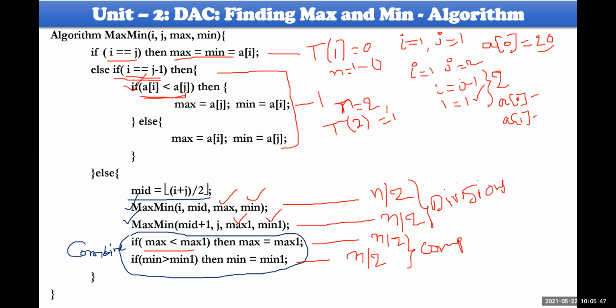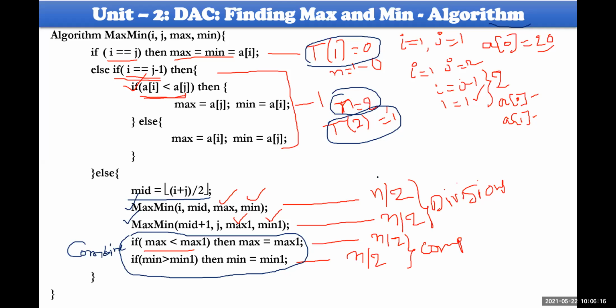Now, let us consider today's lecture. The algorithm is over, the example is over, and the basic primitive information is over for the minimum and maximum problem. Now, analysis. Please remember, T of 1 will be equal to 0 if n equal to 1, and if n equal to 2, T of 2 equal to 2.